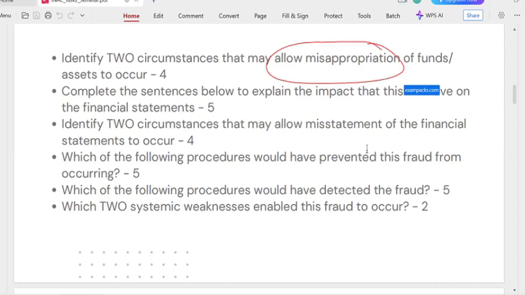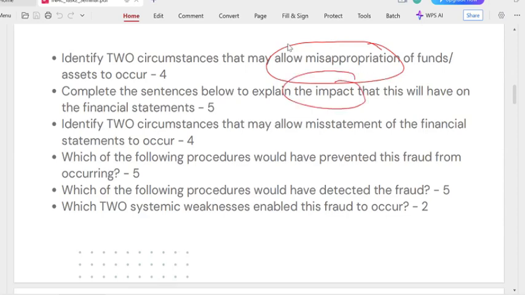What is misappropriation, how can we detect it, and how can we prevent it? All right, so misappropriation is the key word here. And then we have to complete the sentences below to explain the impact that this will have on the financial statements. Again, we have the impact, okay?